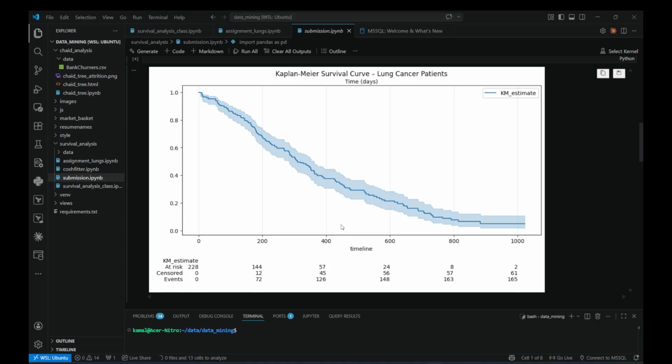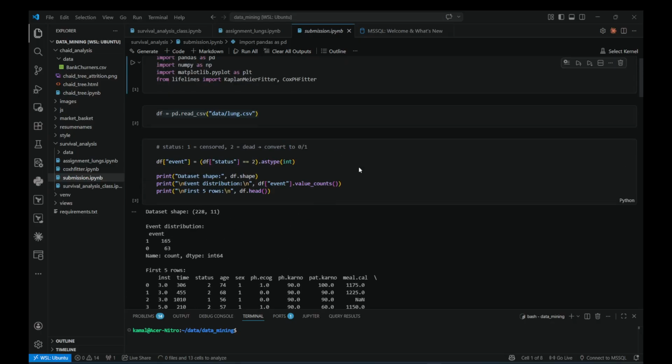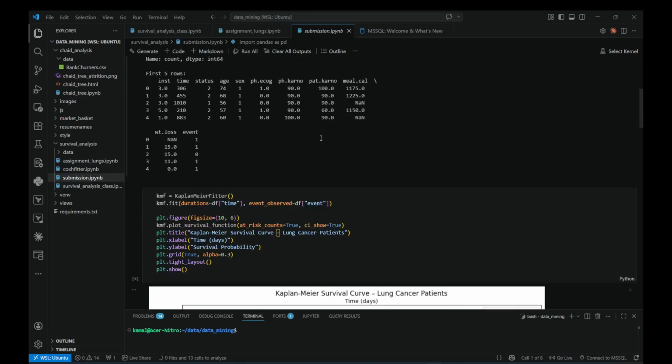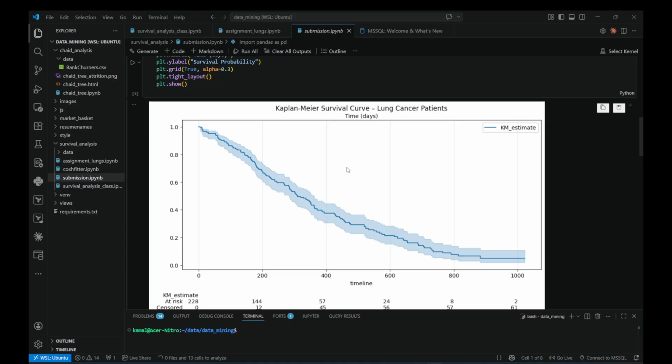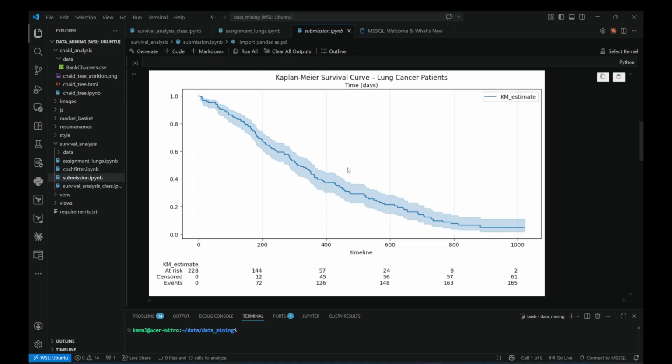In this task I used a lung cancer patient data set, and the goal of this task is to understand how long patients survive after entering the study, and which factors affect the risk of dying. For this I use two different methods: the Kaplan-Meier estimator and the Cox proportional hazard model.